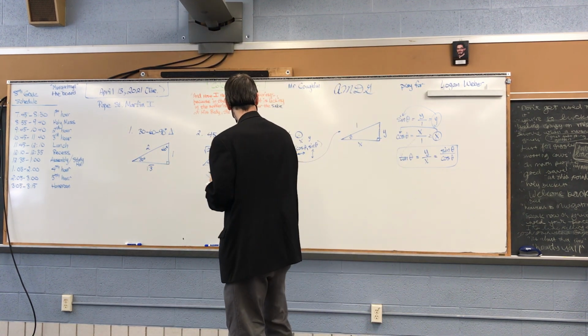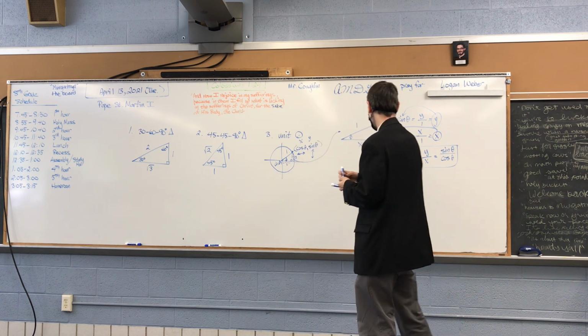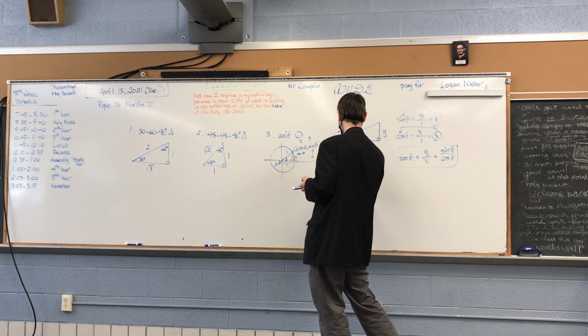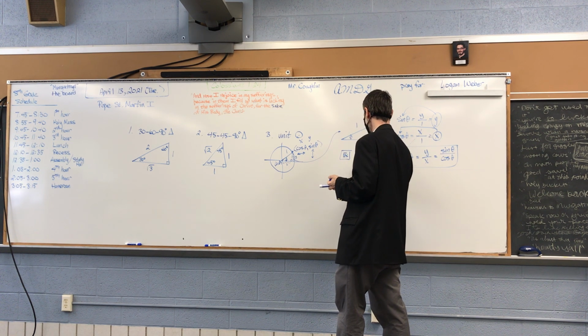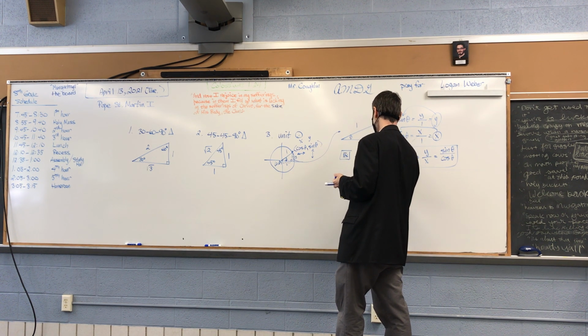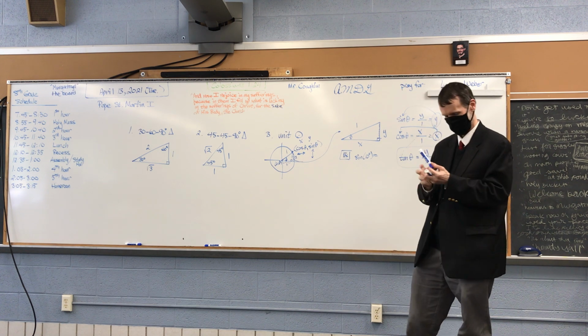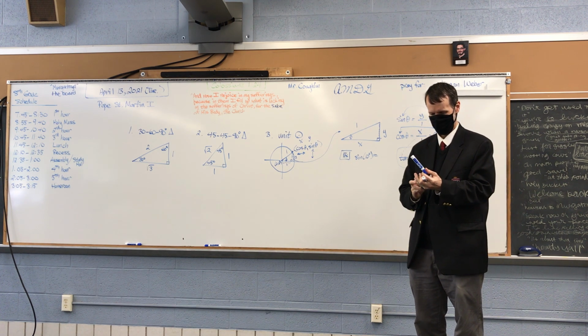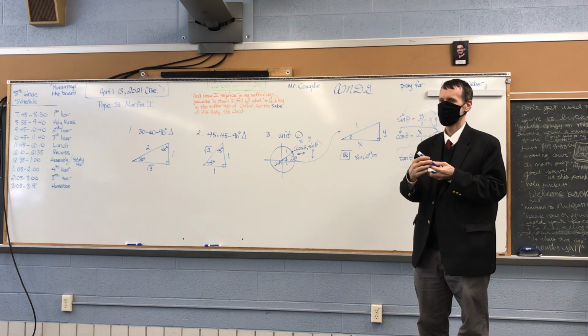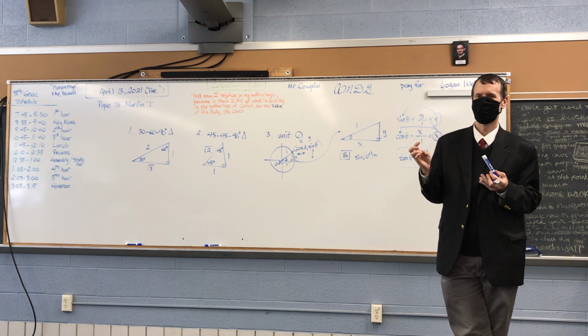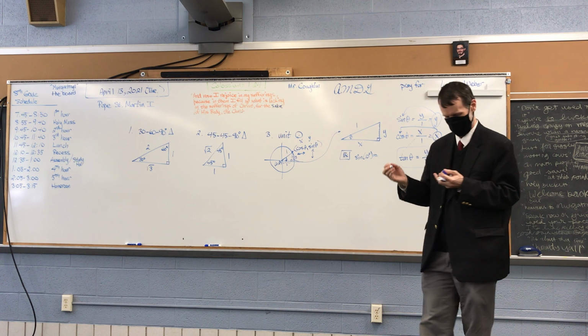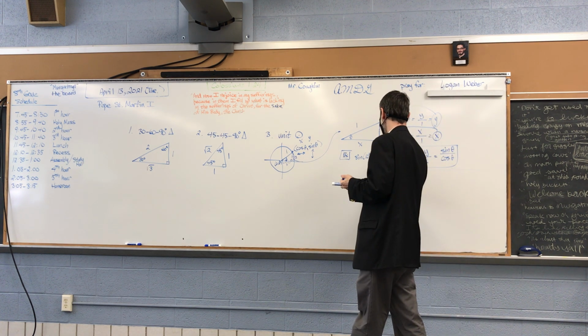For now, I'm just going to pick a random angle. So for example, can somebody tell me the sine of 10 degrees, approximately? Give me 4 decimal places. Let's see who's fast on the fingers. 0.1736, more or less.